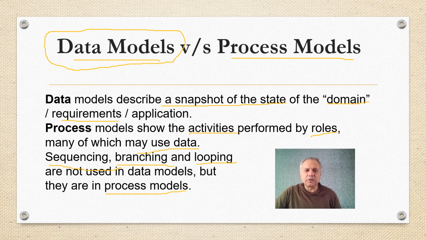And our job is to sort of cut through the process speak and try and figure out what data is needed for each process. And then simply document and list the data without worrying too much about the actual sequencing, branching, looping, and all that that happens in the process. So bottom line here is there's process models and there's data models and they are different.